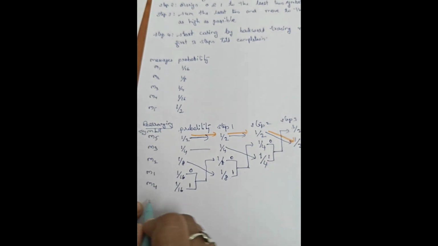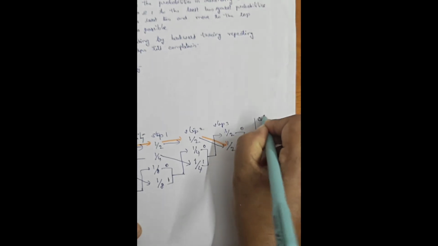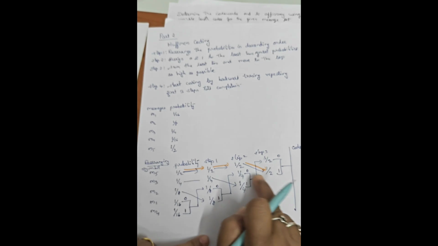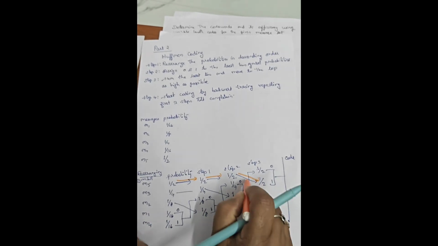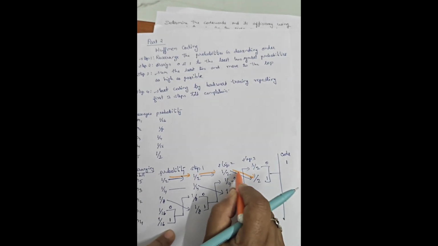Let us write the code for M5. Trace it from the back. Here it is 1. The code is written in the opposite direction. So the first one is 1. We are tracing back, so it will be only 1.